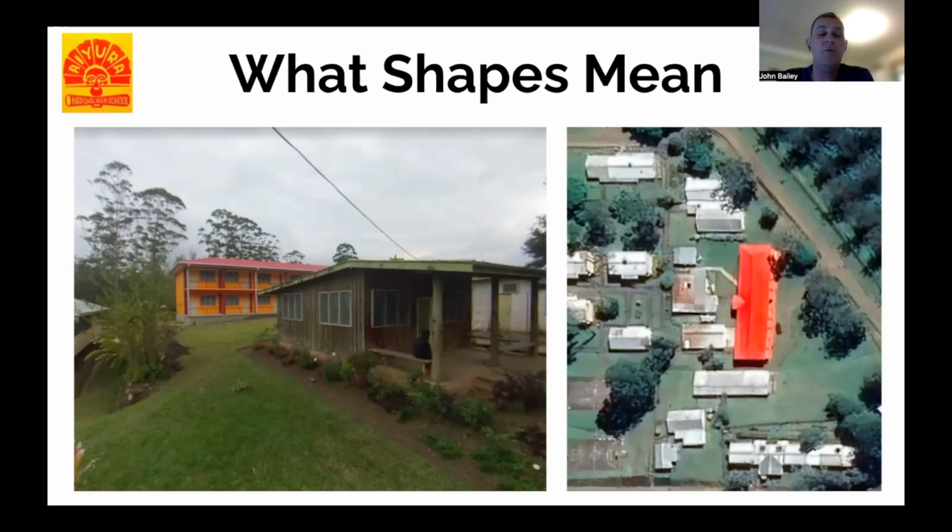For example, here we've got this bright red roof, which shows up vibrantly in the satellite image, and we can see it in the street view in the 360 image too. So it's clear that we have to be looking at that building. And if we think about the shape of the roof and the shape of the building in front, we can quickly understand that it's off to the northeast of that red building.